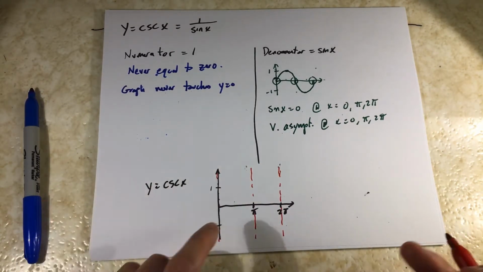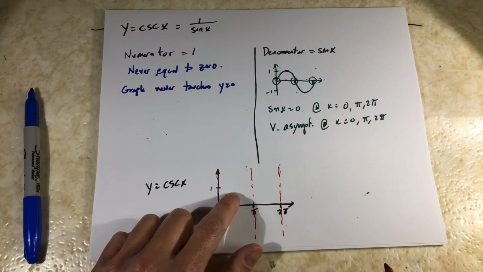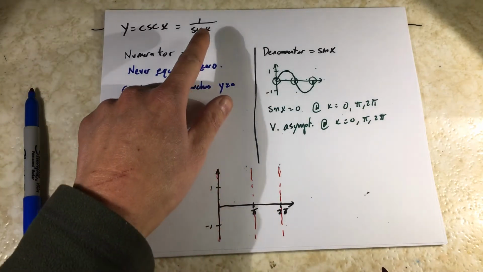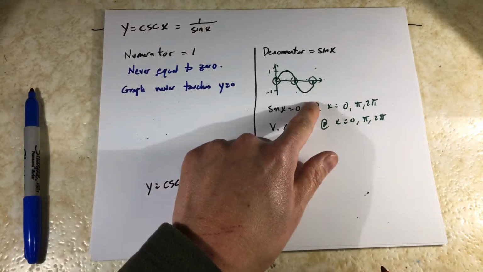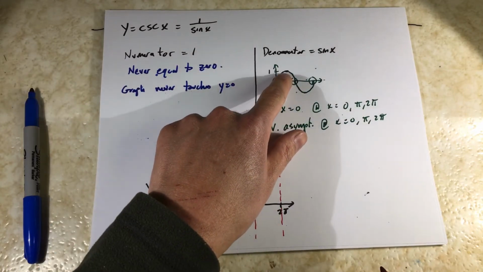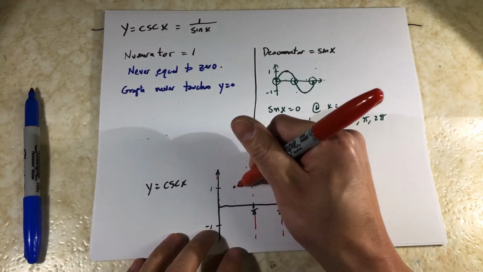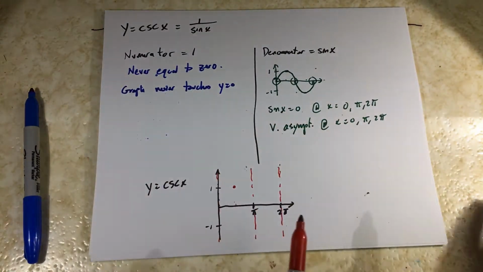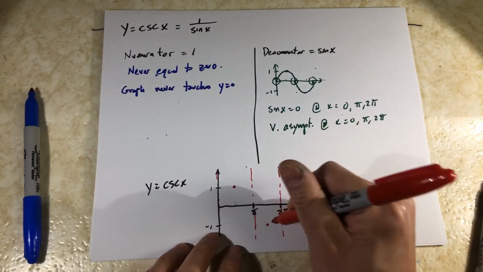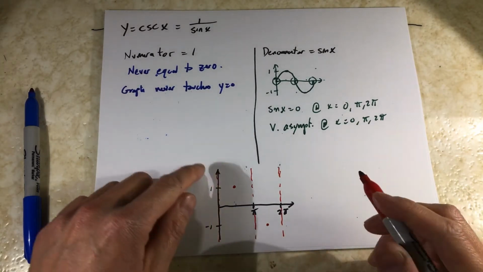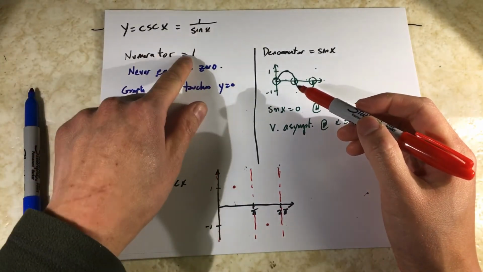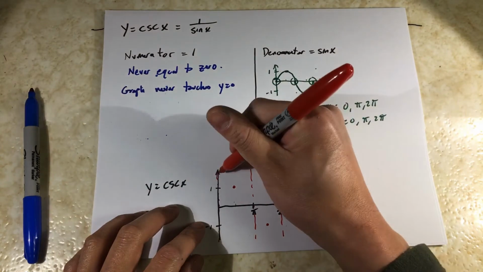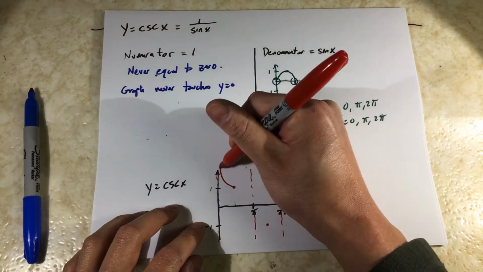So is there anything else we know? One of the things we know is that sine x goes from 1 to -1, and 1 over 1 is 1. So we're going to have a point at pi over 2 here where it's 1, and a point over here where it's -1. And so in this first region, numerator is always positive. We have positive, so we should be going to positive infinity.